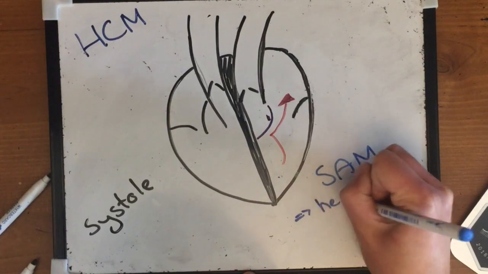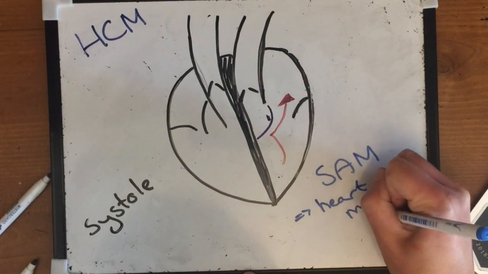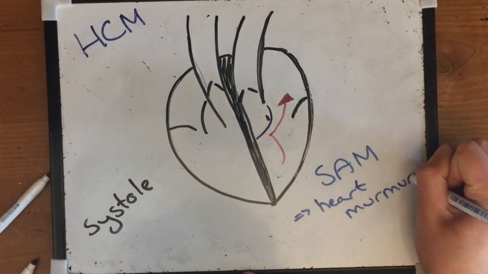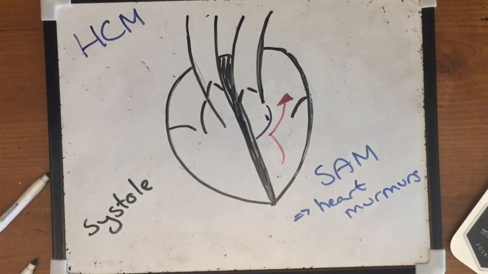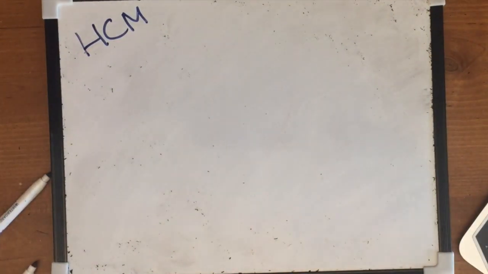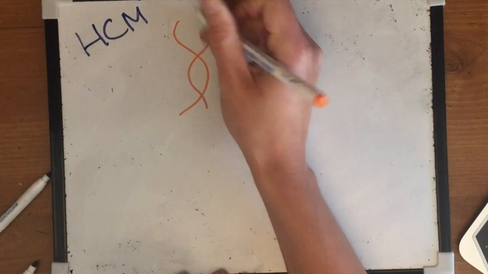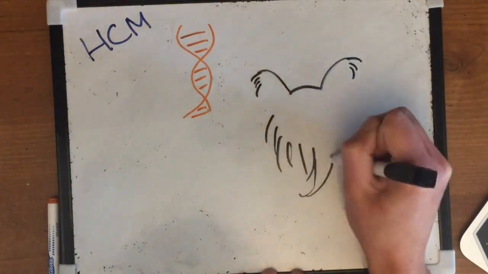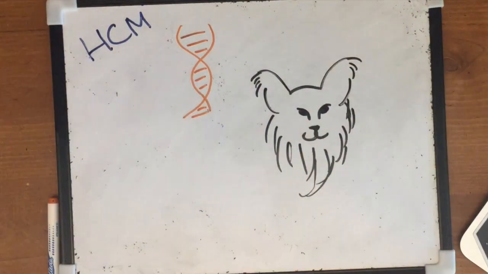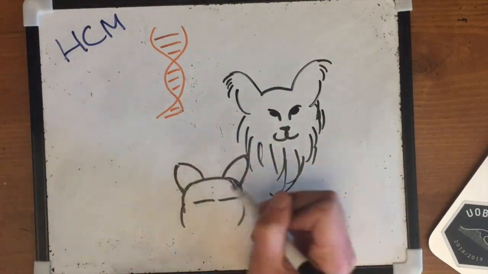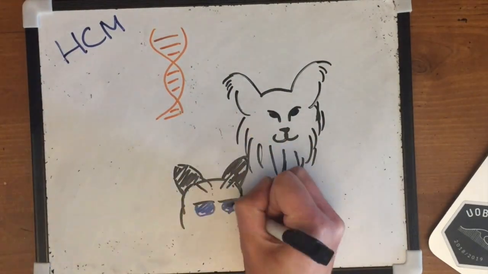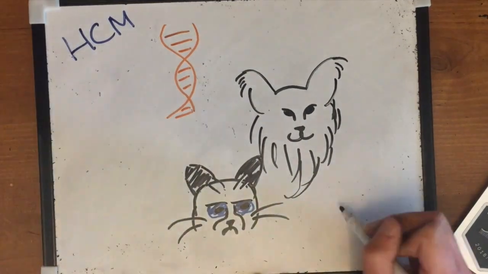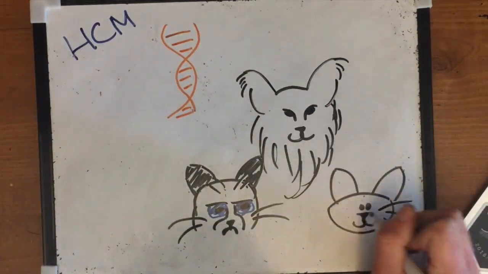This is often a cause of heart murmurs in cats with HCM, but not all cats with HCM will have SAM. This disease again has a genetic predisposition, with Maine Coons and Ragdolls having known genes which contribute to the development of HCM. However, due to domestic short and long-haired cats being the most common type of cat owned, it is most commonly seen in these cats.